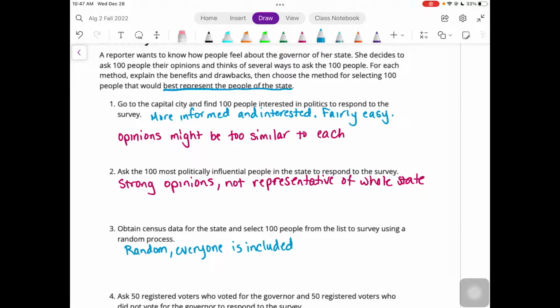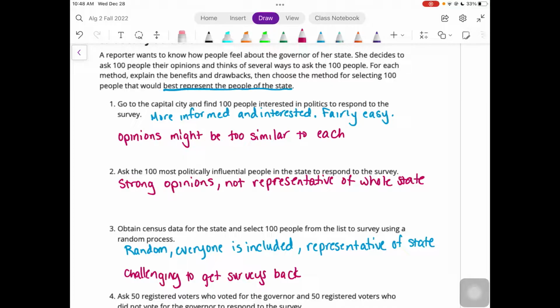It might be challenging to get the surveys back. But it should be fairly representative of the state because you're getting a variety of people's opinions.